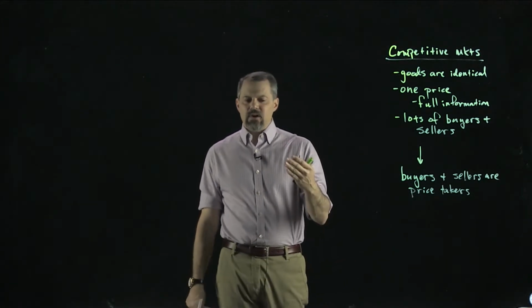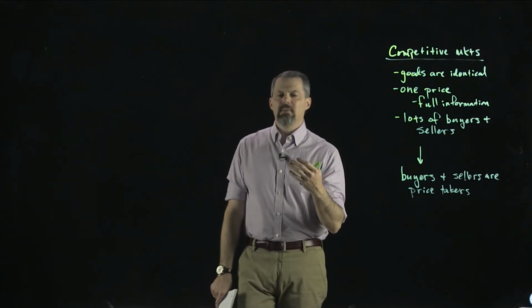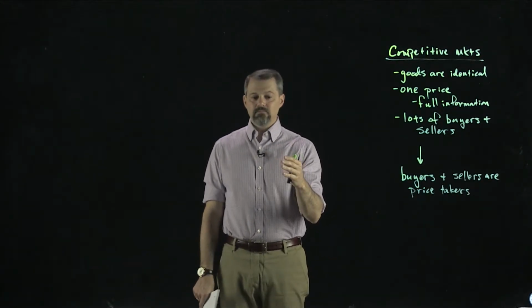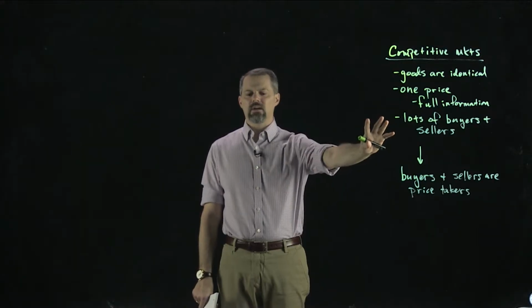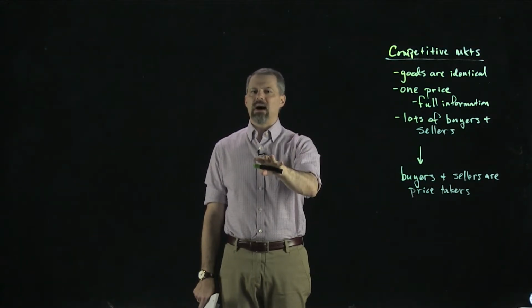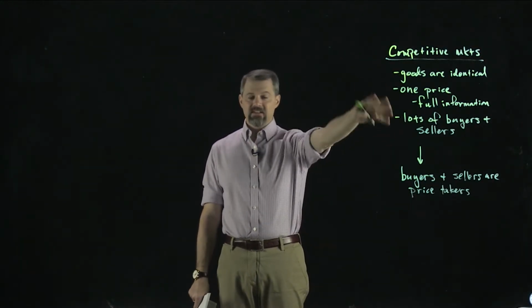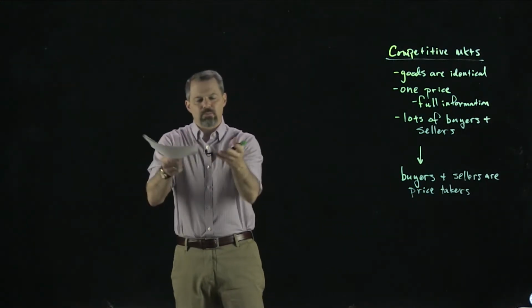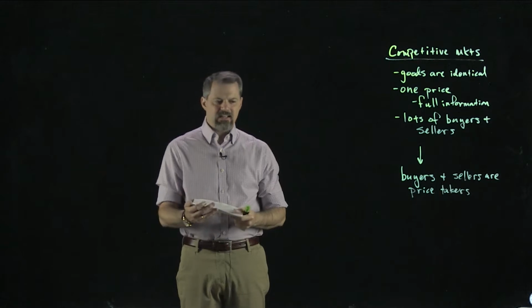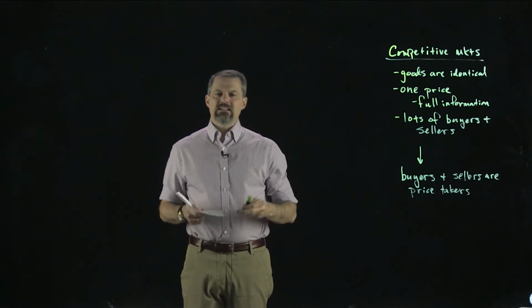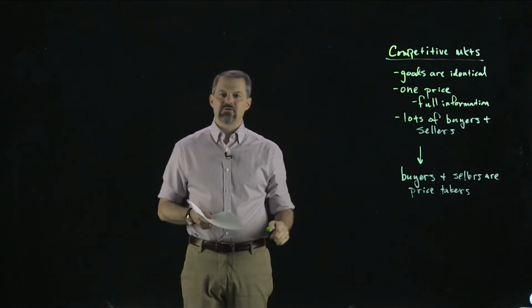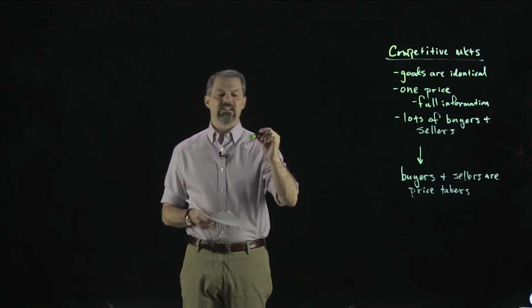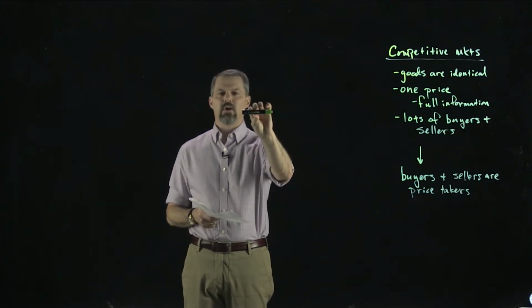The way that I try to get students to be convinced by that is to think about how it would work if you were a buyer of something in this type of market. The example that I typically use in a classroom: pretend that you're sitting in a classroom of students, and let's suppose that all of the students in the classroom are selling the same thing. You're selling these blue or these green markers.